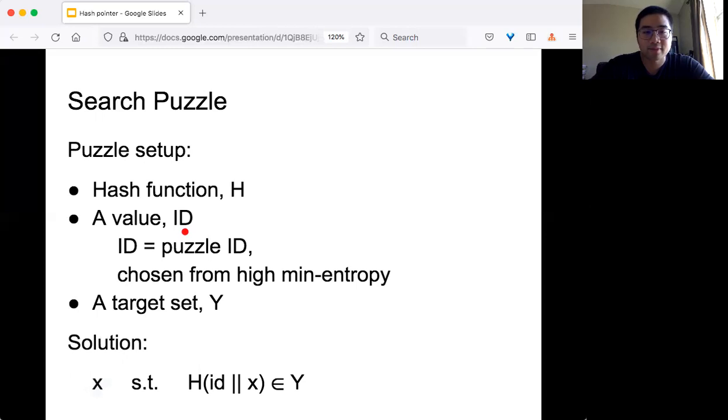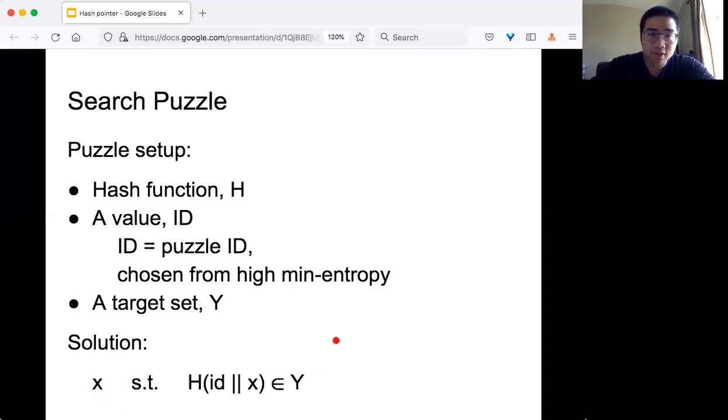Roughly, you can think of it as a puzzle ID, and again it's chosen from some distribution with high min-entropy. And finally, we have a target set Y. So the solution is that you iterate through all the x, such that if you put ID concatenated with x inside your hash function as input, then you get some value, and that value should be an element inside Y. So remember, Y is a set. It could be a single value, but in general, it's a large number of values.